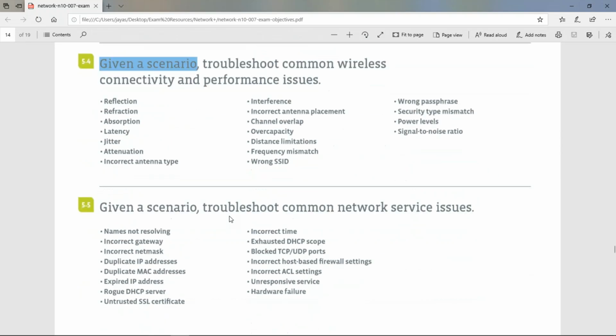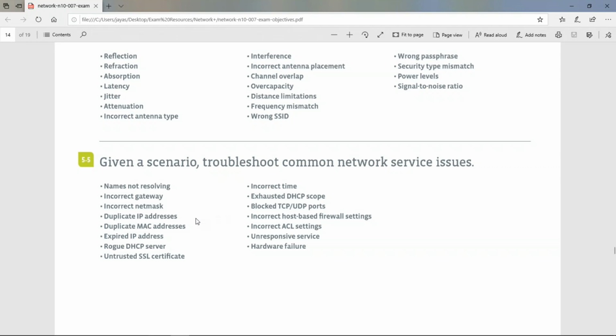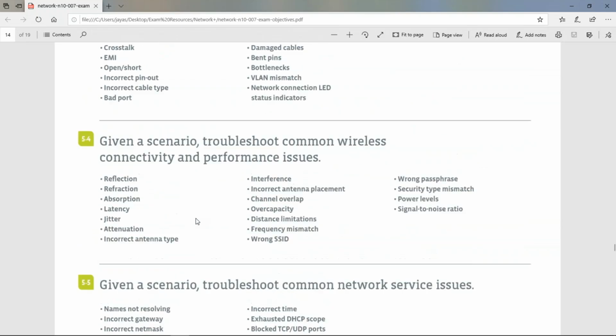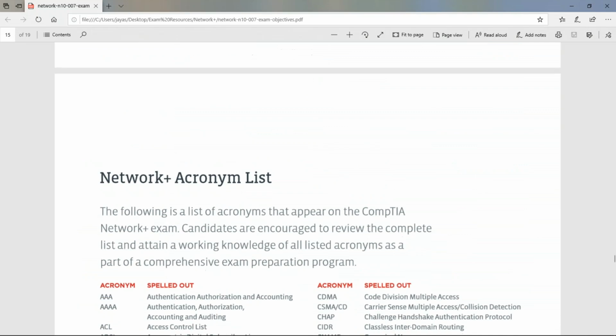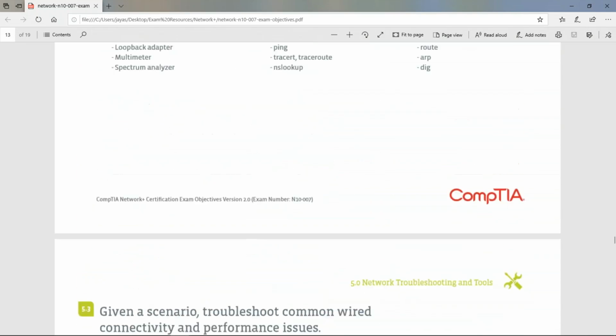You're going to have to figure out either what's going on, or maybe you know what's going on and you need to find the way to fix it. What's the fix to what's going on? So just be prepared when it comes to troubleshooting. Keep an open mind. Be prepared for anything, because they're going to throw a ton of stuff at you, and they're going to throw it at you in different ways.